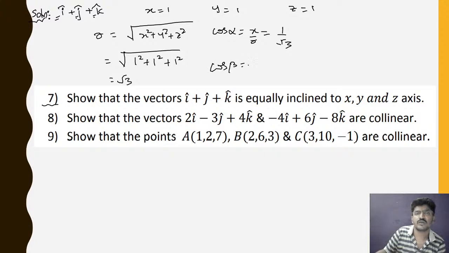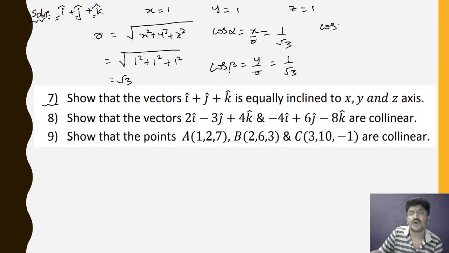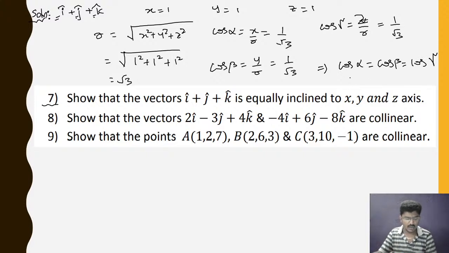Cos beta equal to y by r, that is 1 by root 3. Cos gamma is equal to z by r, that is also 1 by root 3. So from this it implies cos alpha equal to cos beta equal to cos gamma, hence they are equally inclined.